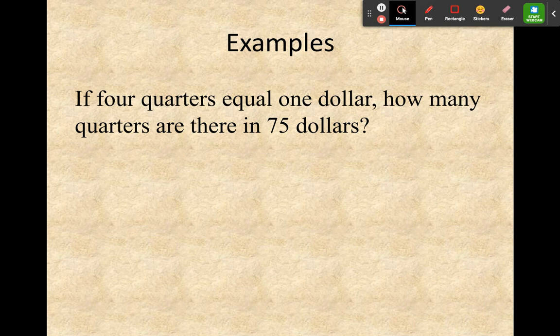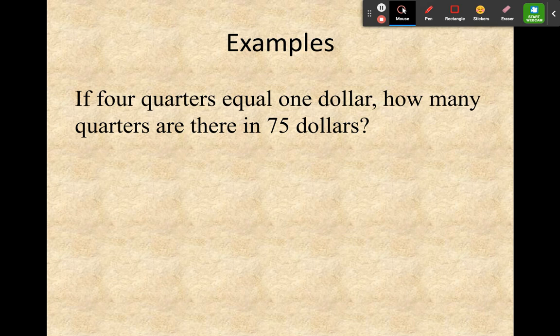And what are we trying to find? Good. Find quarters. So $75 gets written over what? So then dollars has to go on the top or the bottom of the conversion factor? The bottom. And we're trying to find quarters, so it goes on the top. And then we can cancel out dollars.